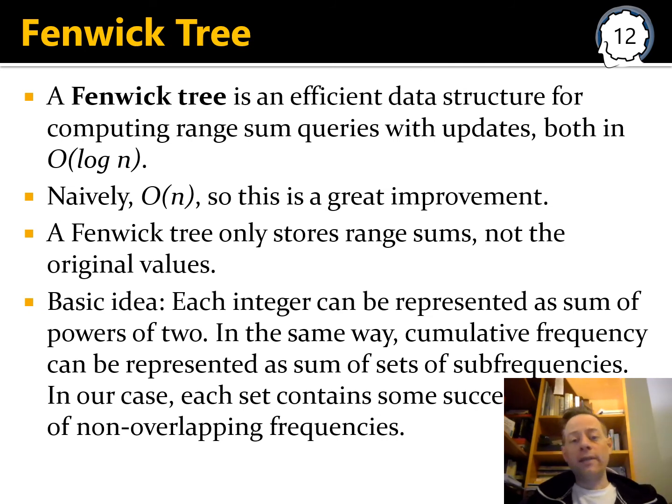And the general idea here is that each integer can be represented as a sum of powers of 2. So in the same way, cumulative frequency can be represented as a sum of sets of subfrequencies. So this means that we represent these sets as successions of non-overlapping frequencies.